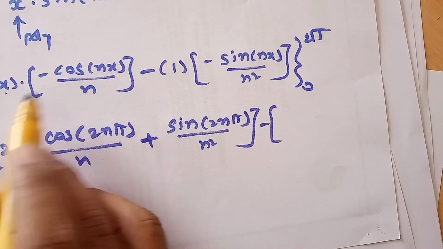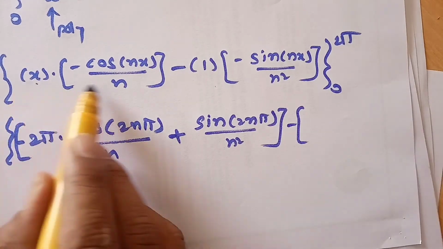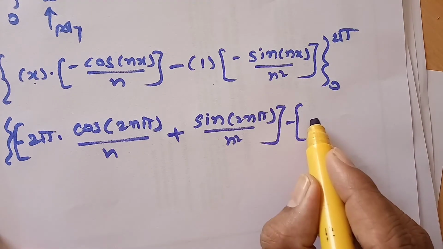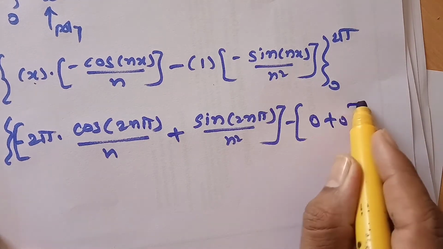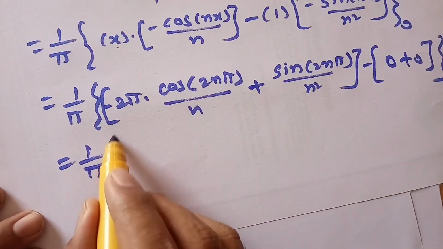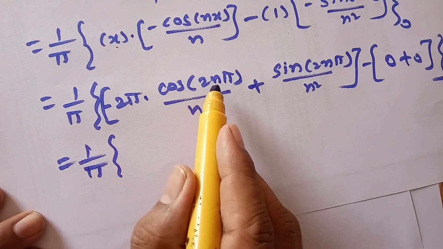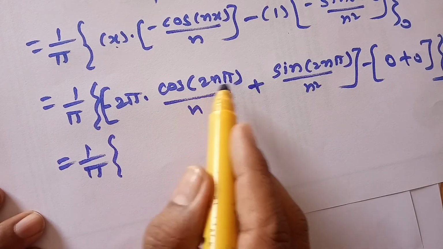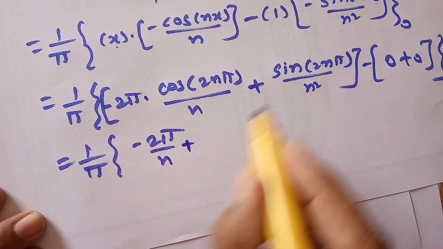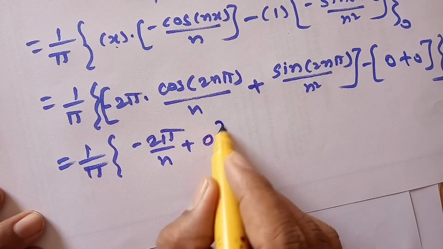This is 0, therefore this total term becomes 0. We put x equal to 0, and the total term becomes 0. Minus sine 0, and sine 0 is again 0. So 0 plus 0 we are getting here. This is nothing but 1 upon pi, cos of 2n pi, and cos of 2n pi is 1. This is minus 2 pi divided by n, plus sine of 2n pi is 0.